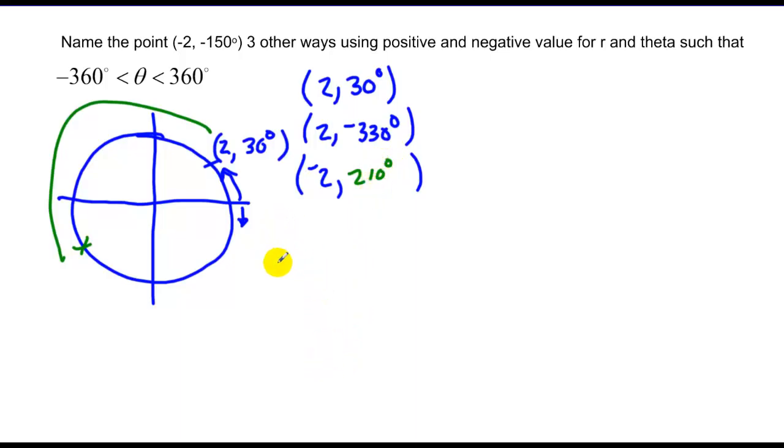And once again, if I were to add or subtract 180 to this 210, that makes this radii positive. So subtracting 180 from 210 gets me back to that general point.